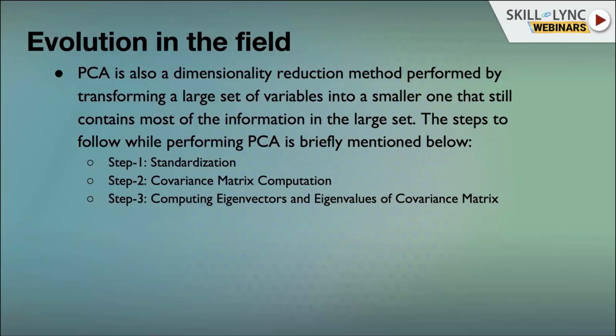Okay, so basically PCA is also another technique that we can use for dimensionality reduction by transforming a large set of variables into a smaller one that still contains most of the information in the large set. Now, it is used in making predictive models. For example, if you are given a set of prices for milk in a supermarket for the last 1 month, and suppose they have varied, you can somehow predict the price this milk will attain after 1 month.